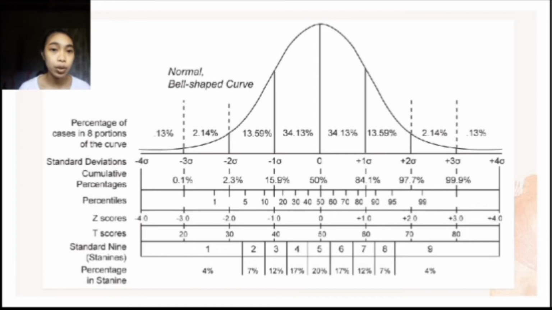There we can see the cumulative percentages, the percentiles, the z-scores, t-scores, and the standard 9, also known as stanines, and lastly the percentage of stanine. Later on, we will go deeper, and I will explain what those types are.